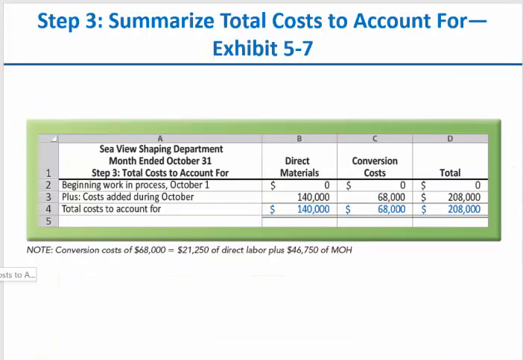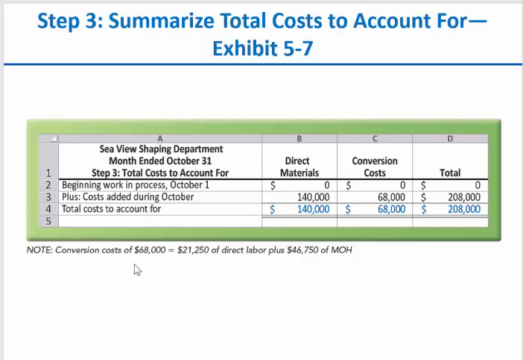So next, I'm going to take a look at step 3, summarize total cost to account for. Okay, so in this case, we have a beginning work in process. Because you have 0 units, you have 0 direct materials and 0 conversion cost. But normally the accounting records will tell us the cost added during October.